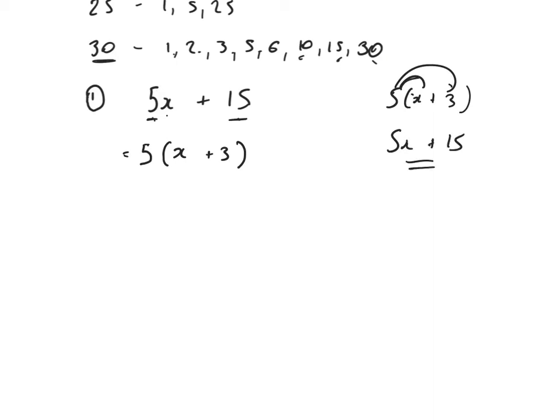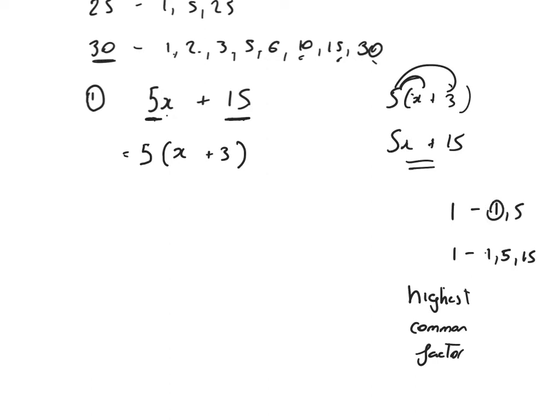Okay, so where did that come from? Well, the factors of 5 are 1 and 5, and the factors of 15 are 1, 5 and 15. So for factorising, what we look to do is to take out something called the highest common factor. Now, common means that it's common to both lists.